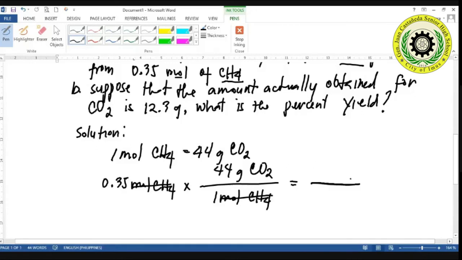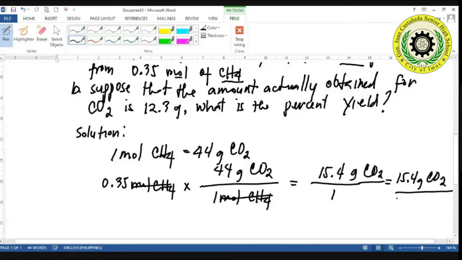So, ang sagot po dyan ay 15.4 grams carbon dioxide. Copy natin yung 1. Divide po natin yung 15.4 grams carbon dioxide sa 1. So, the same number din po, grams of carbon dioxide.